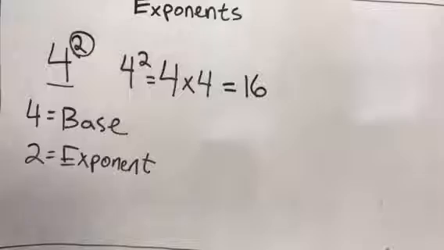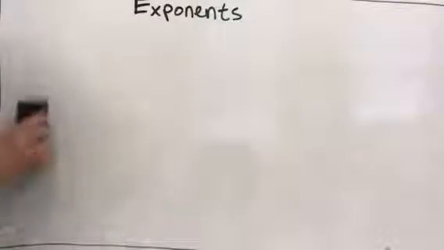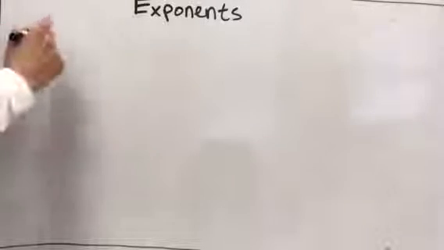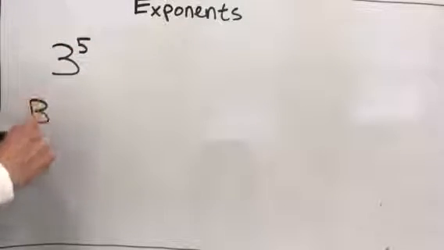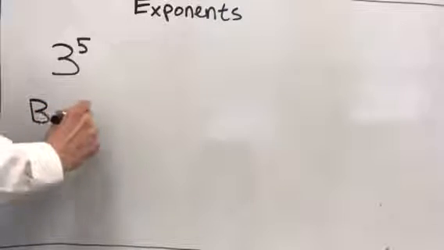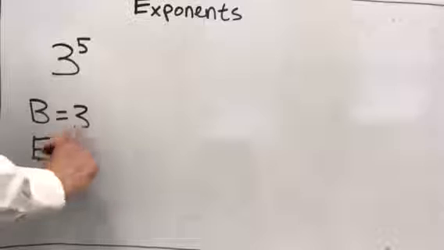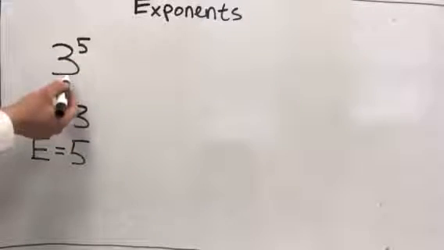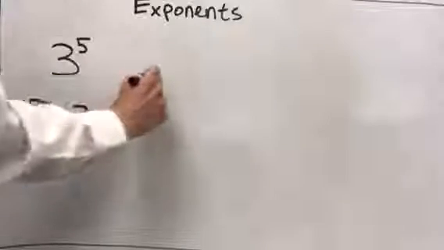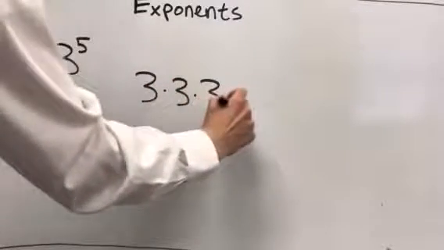Another example that we could have is if we had, say, 3 to the 5th. Here, the base, which I'll abbreviate B, is 3, and the exponent, which I'll abbreviate with E, is going to be 5. This is telling us that we are multiplying the base 3 against itself, which is 3, 5 times.